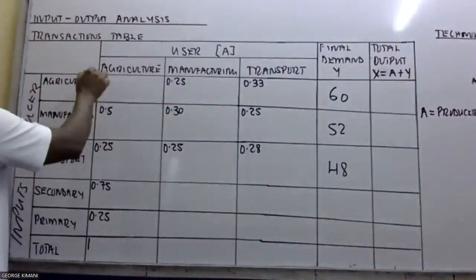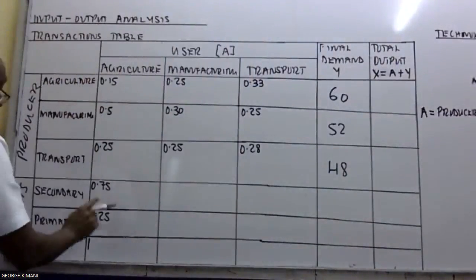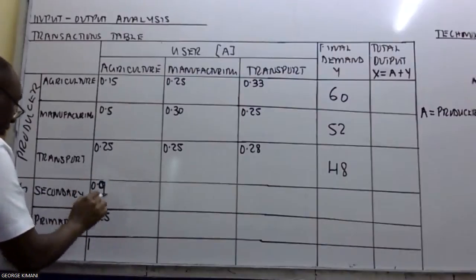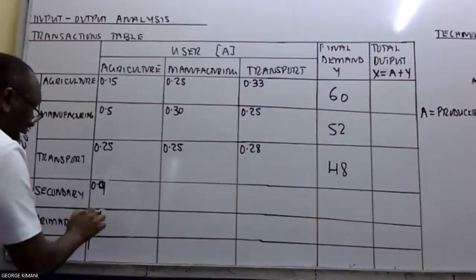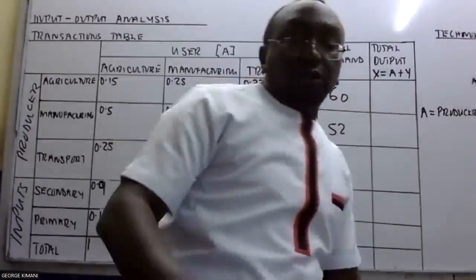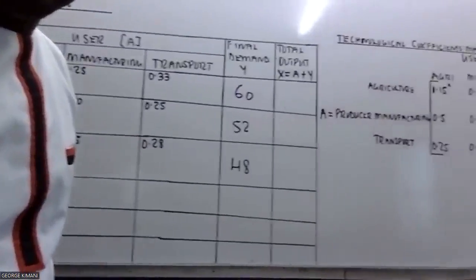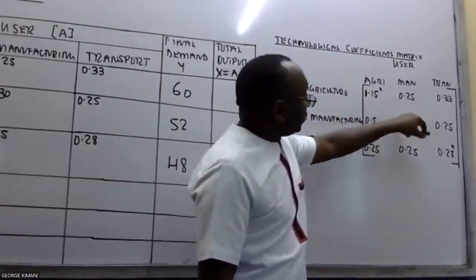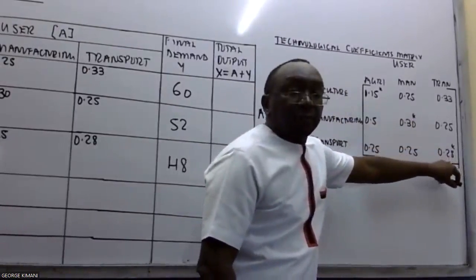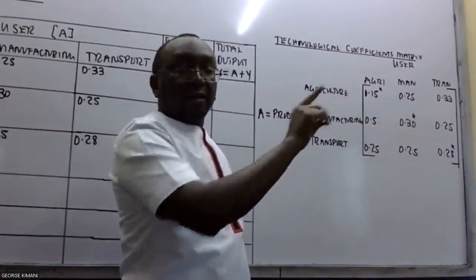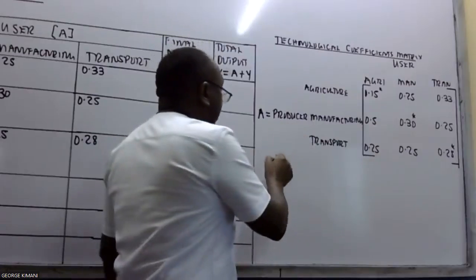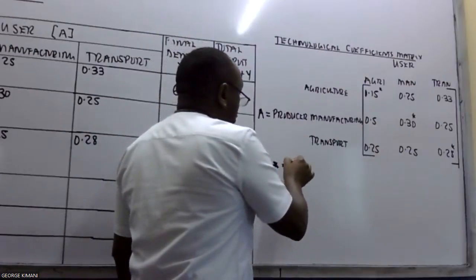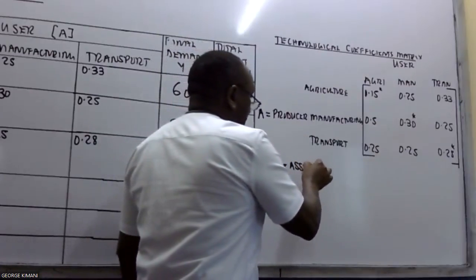Okay. So this one I have put. So this was 0.9. This one we have not written anything yet, we will come back. We were at the technological coefficients matrix. Now this is where I wanted to tell you to put asterisks like this. Put two stars. Then down here, the star here, say assumed.